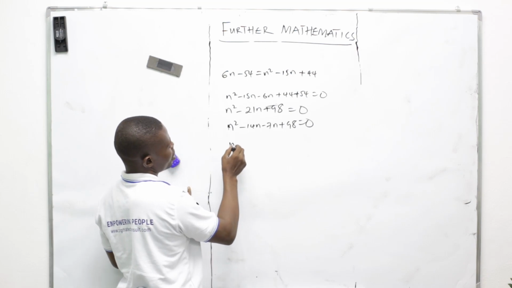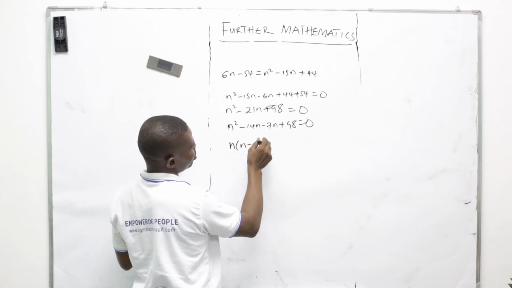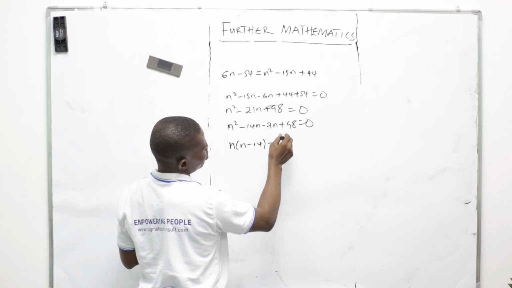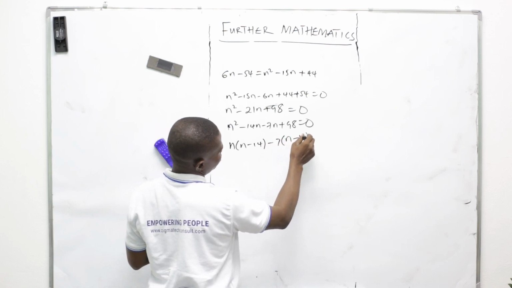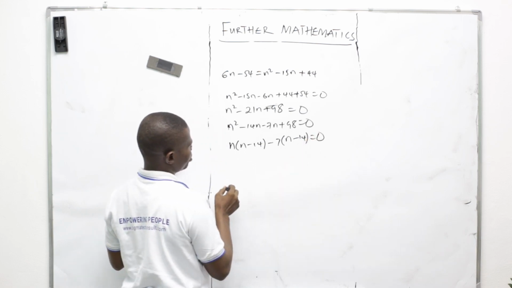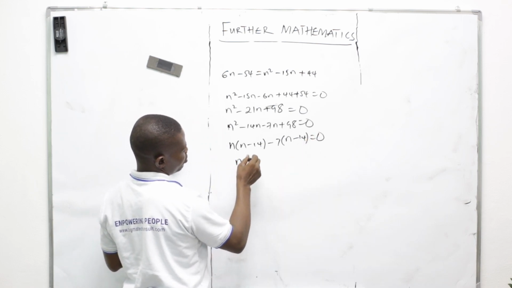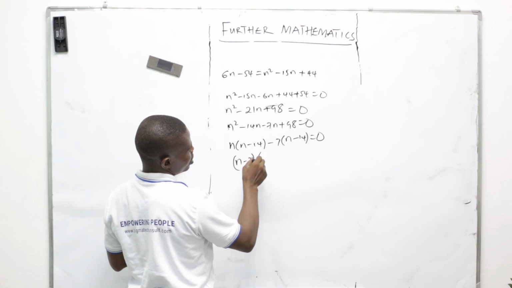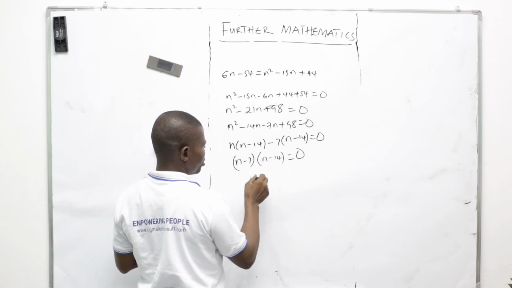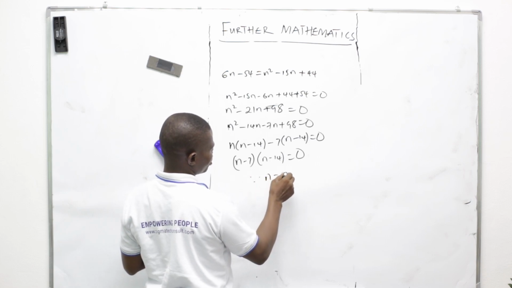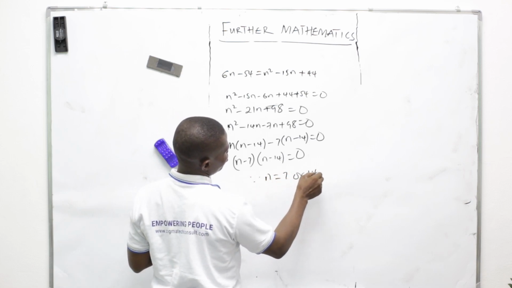So factorizing here, n into n minus 14 minus 7 into n minus 14 equals 0. So n minus 7 into n minus 14 equals 0. Therefore, n equals 7 or 14.